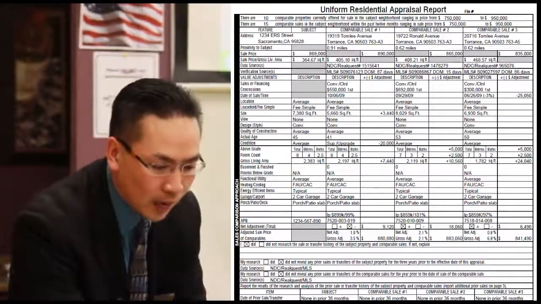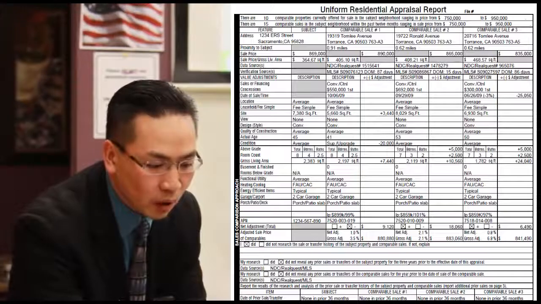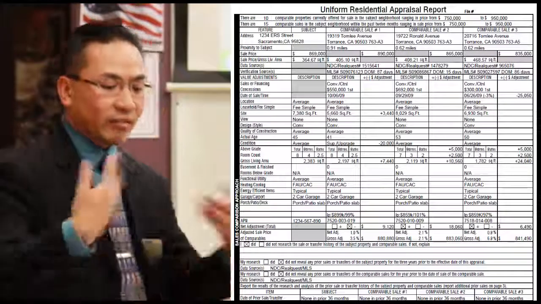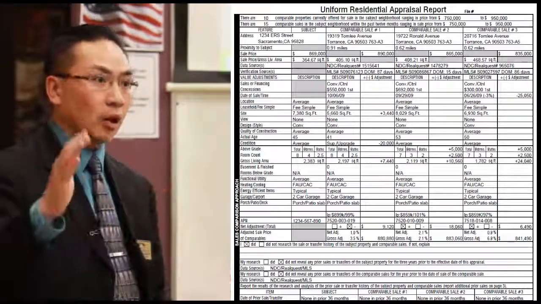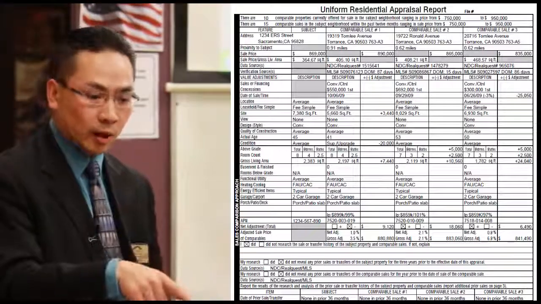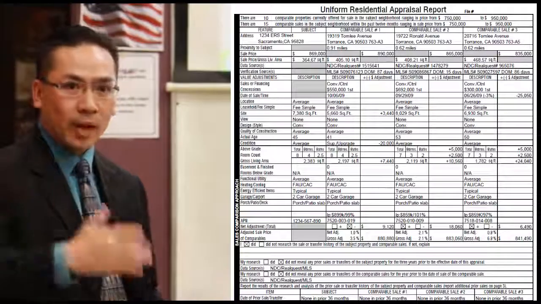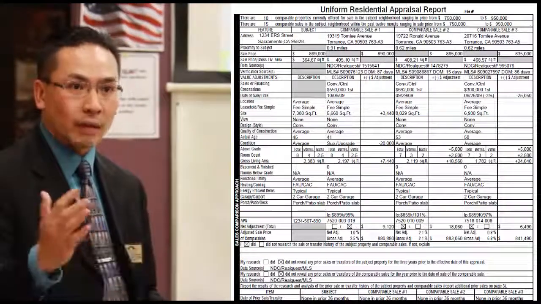Okay? And then in here, because this lot is smaller than our subject property's lot size, we're going to give value to make up for that smaller lot for the comparable. So everything is, you take away or you add to get that value for the subject property.